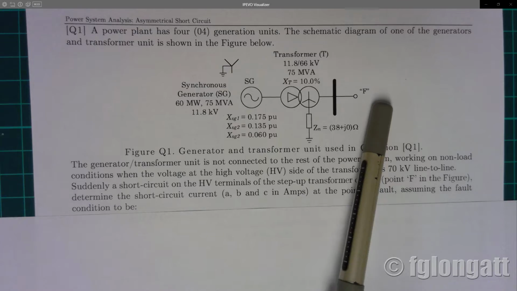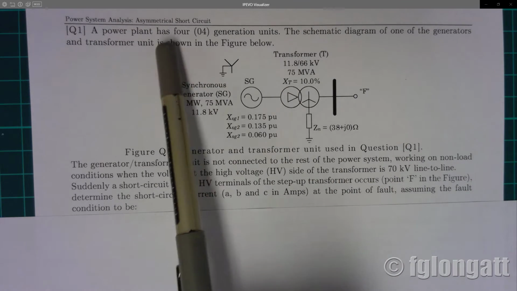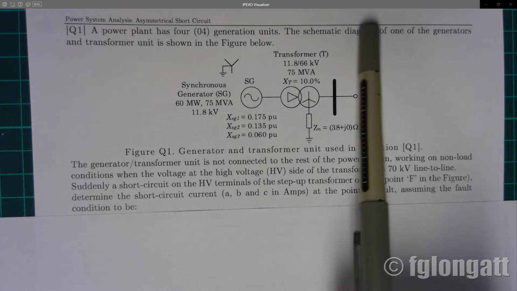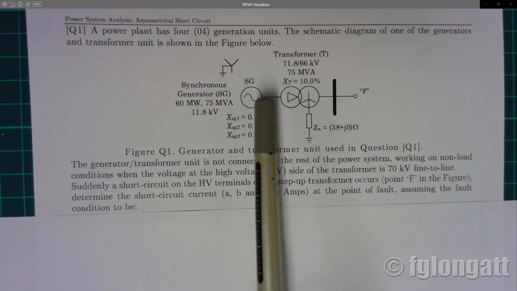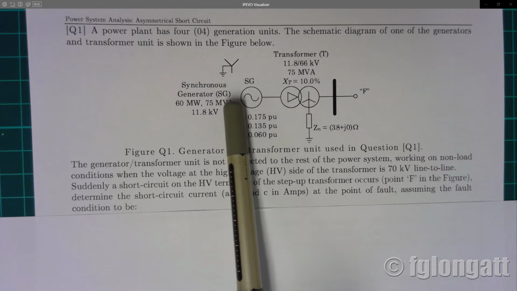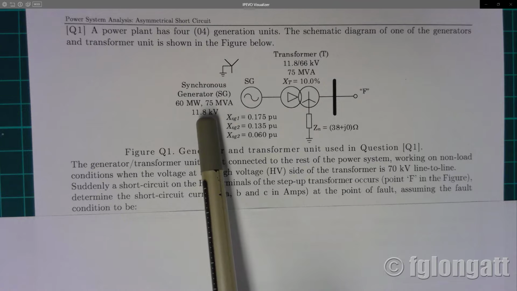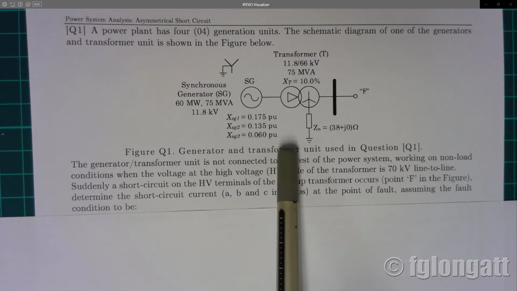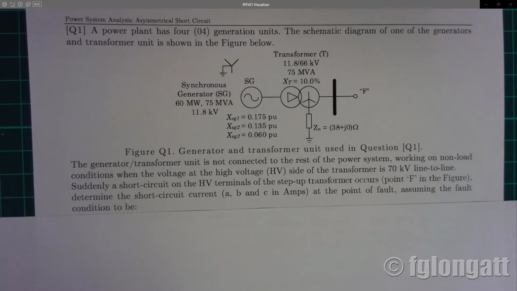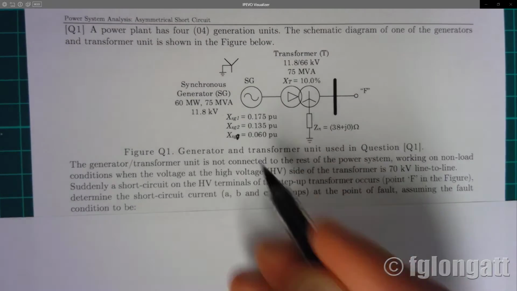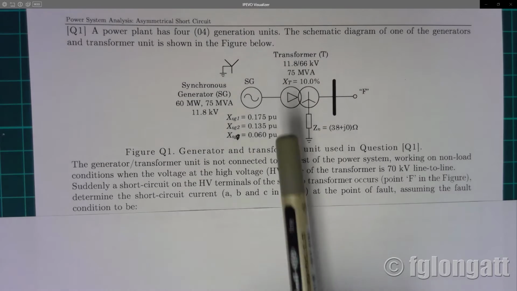This is the single line diagram for one of the generator and transformer sets. As you can see here, we have a synchronous generator, 75 MVA and 11.8 kilovolts. And here we have the data for positive, negative, and zero sequence.